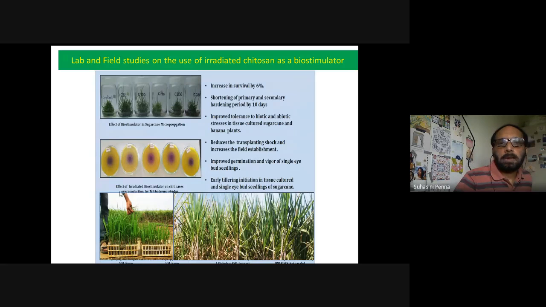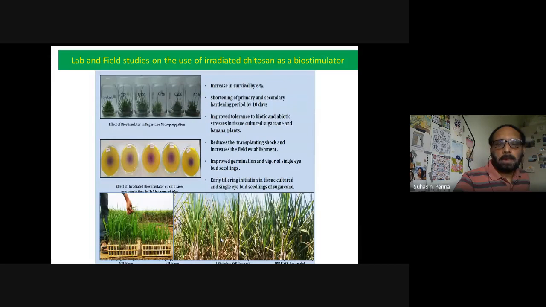For example, I'll show you one slide where we have done the initial work on sugarcane at the greenhouse level. You can see the normal and the irradiated, sprayed sugarcane nursery. And here you can see the farmers' fields under different sugarcane factories.